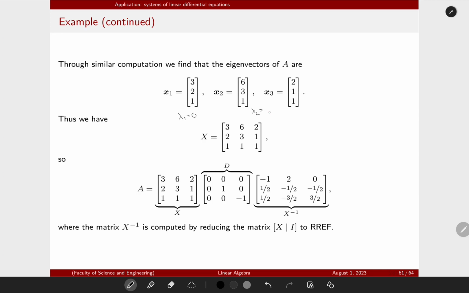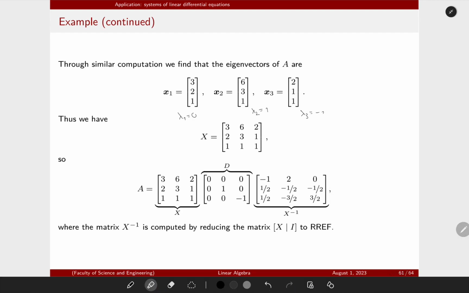This one has corresponding eigenvalue lambda 2 equal to 1, and this one has eigenvalue lambda 3 equal to minus 1. And it's important that the columns of X correspond like so. So the second column of X, the eigenvector you put there, corresponds to the second non-zero entry of D, so that they correspond in this way.